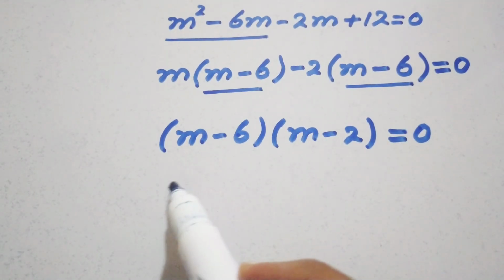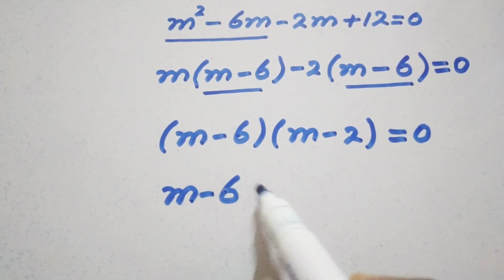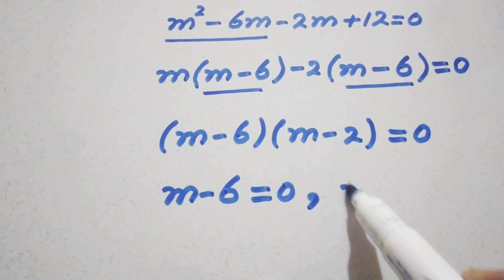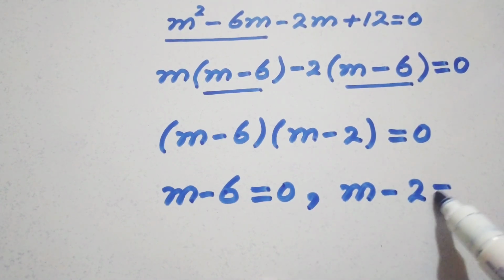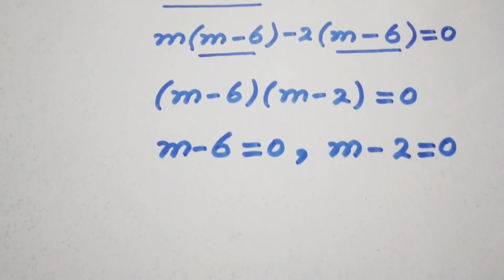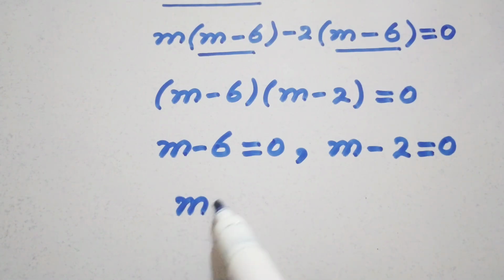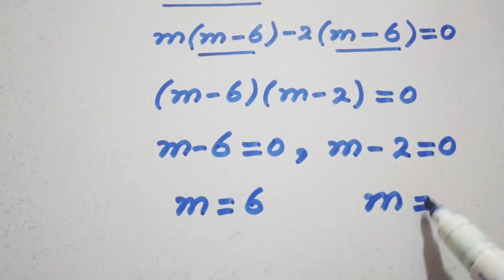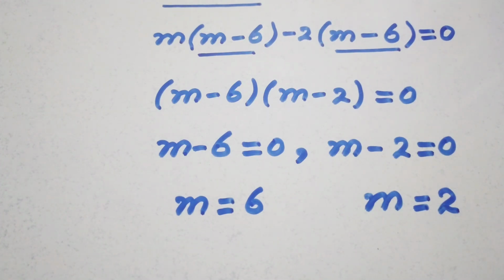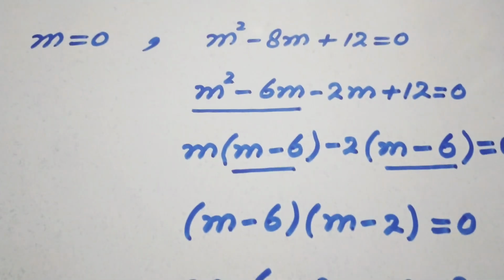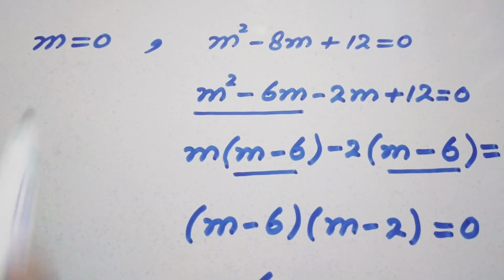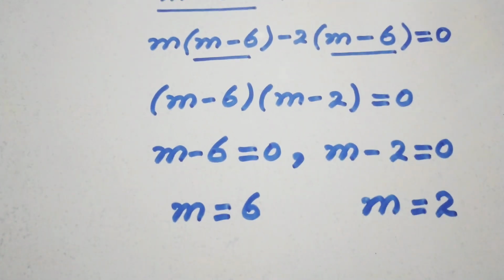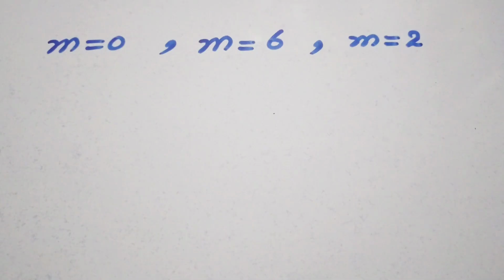Now by using zero product rule, we get m minus 6 is equal to 0 and m minus 2 is equal to 0. So from this we get m is equal to 6, and from this we get m is equal to 2. Now we have three values of m. First we have found that m is equal to 0 and m is equal to 6 and m is equal to 2.